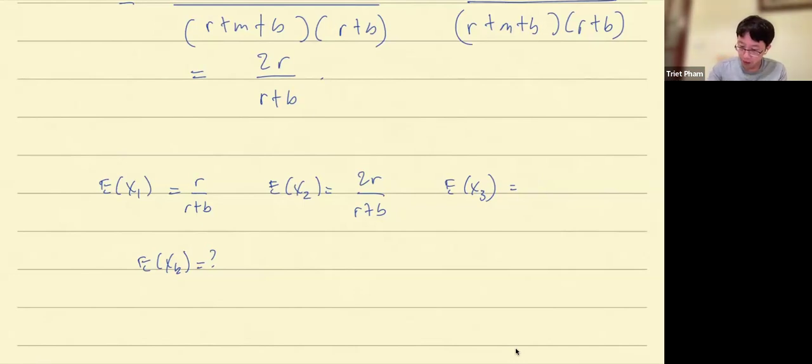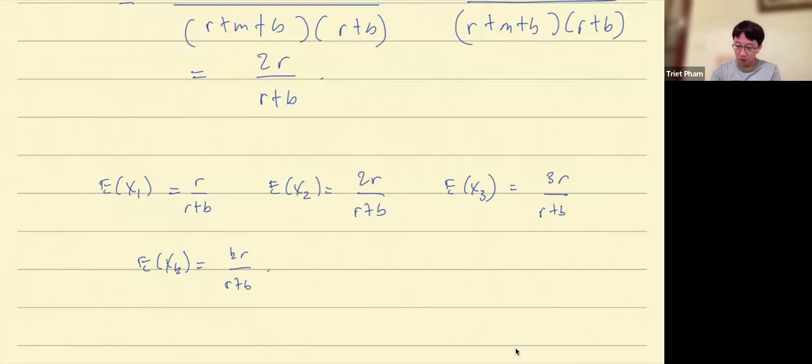Well, it's not hard to guess, that this is 3r over r plus b. So in general, it looks like it's going to be kr over r plus b.